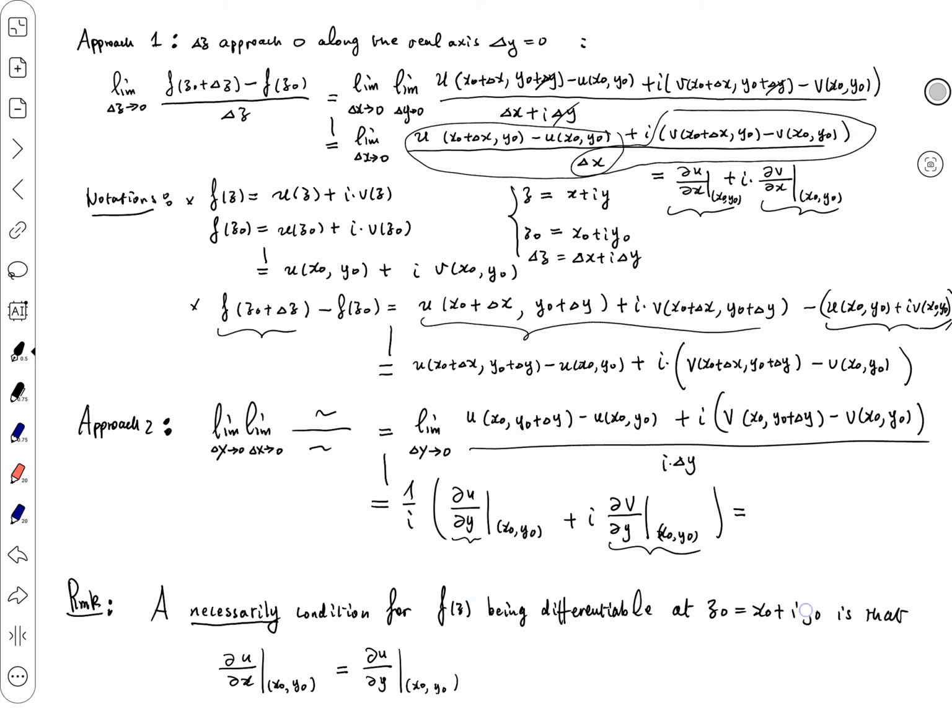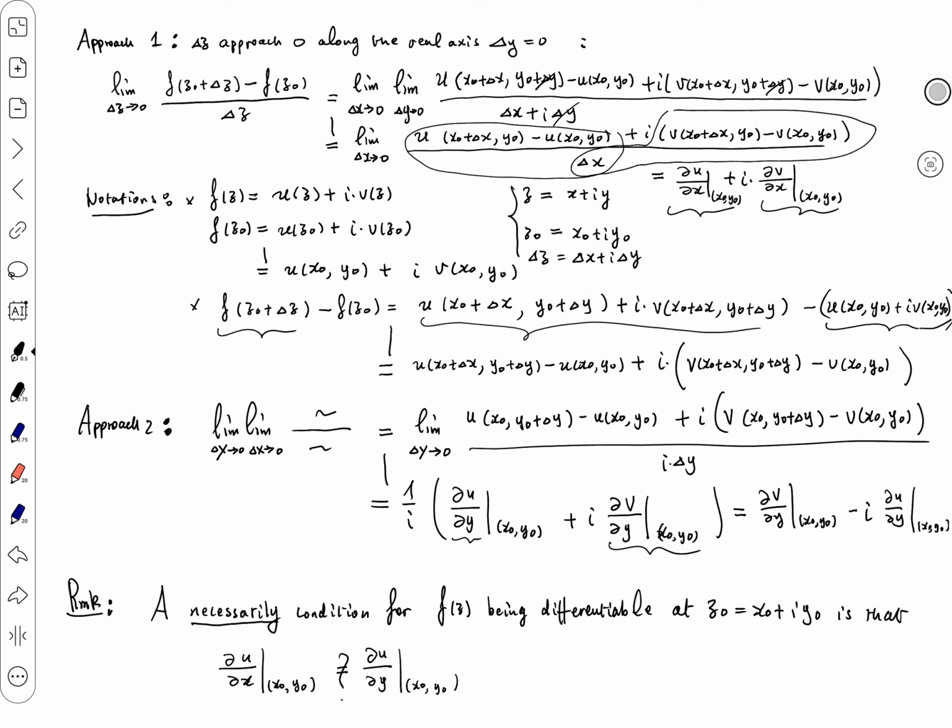So this should finally be partial v, partial y at x naught y naught, and then 1 over i, it's minus i, partial u, partial y at x naught y naught.